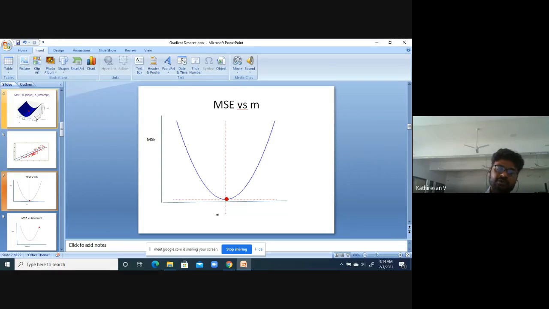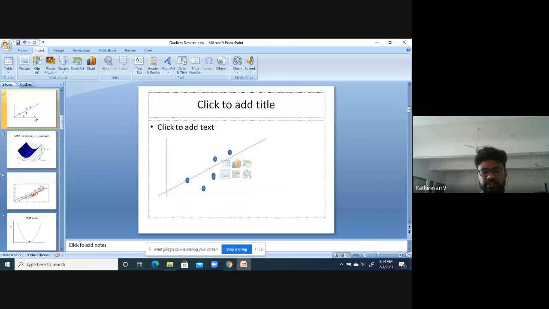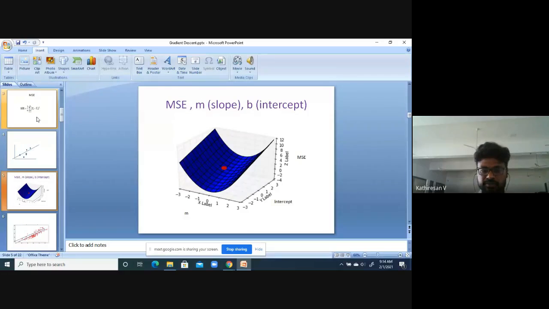So now just look into this particular graph. It is a three-dimensional graph. Here we are representing intercept, slope and MSE.